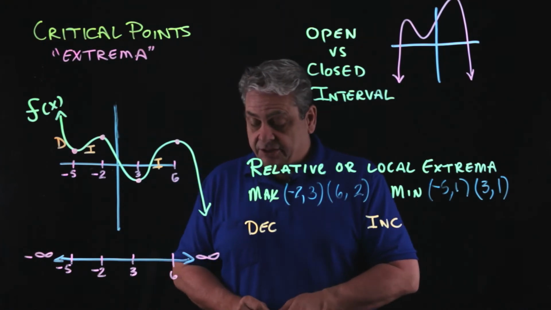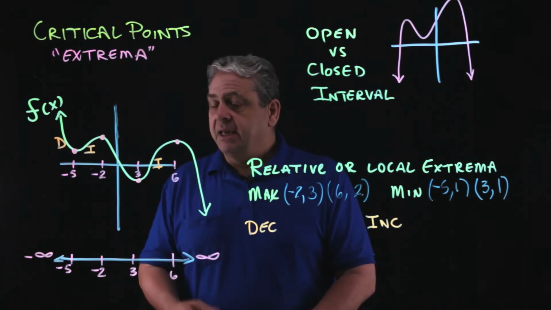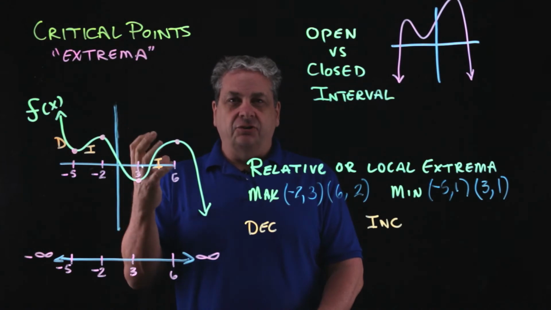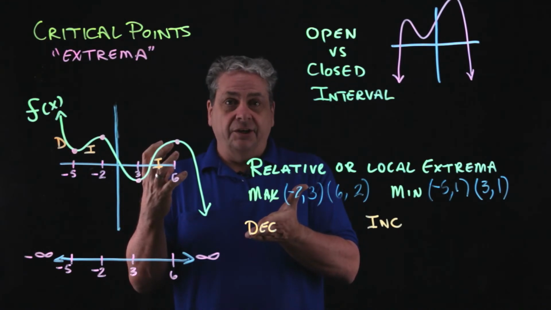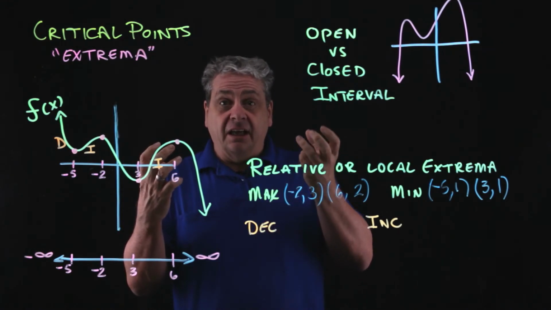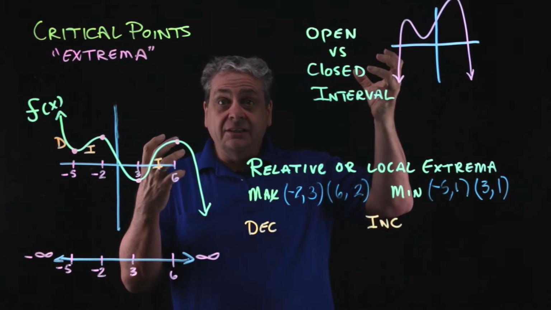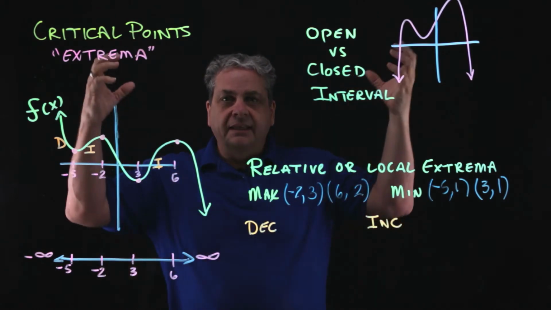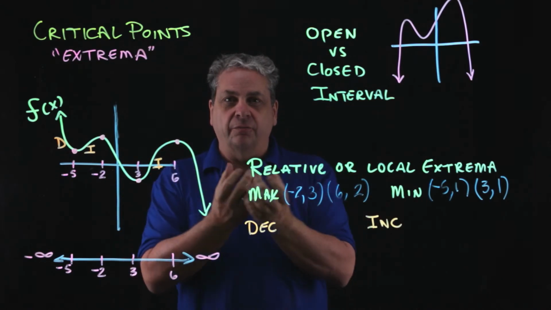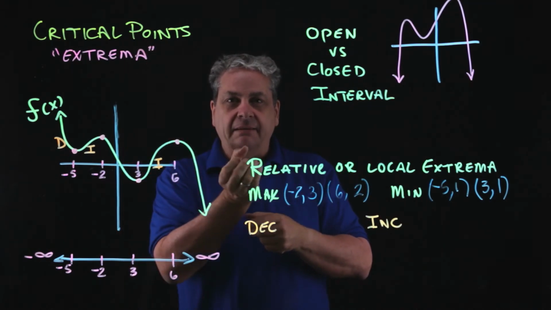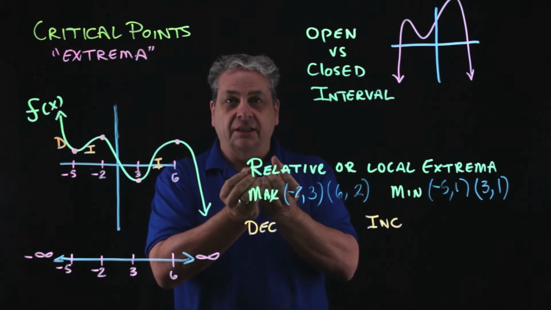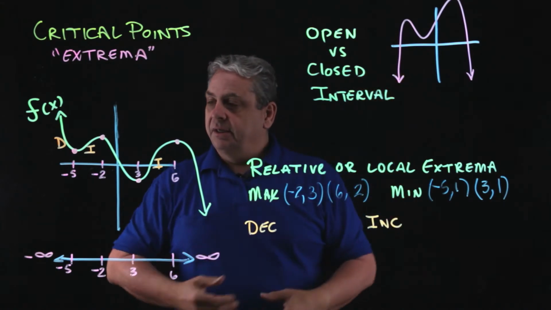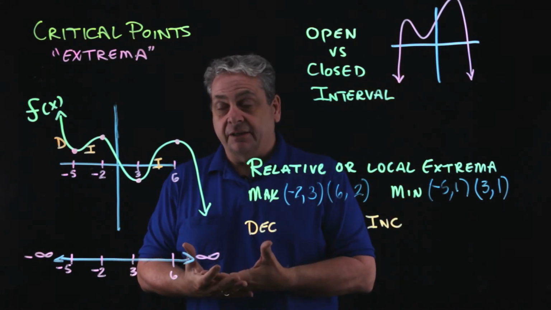Now this is what I just discovered: if I have values and I can see they're decreasing, and at some point, not known to me, I can see on the other side the values are increasing for f of x, then there must be a low point. At some point, it must switch from decreasing to increasing. And that's going to be a minimum value.